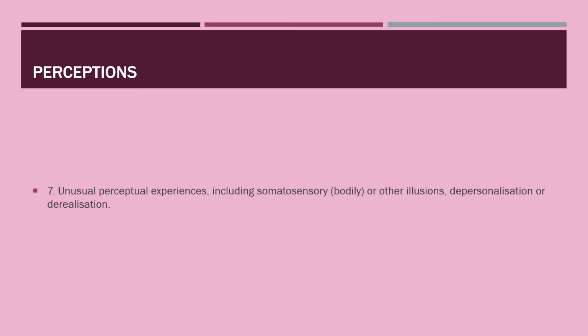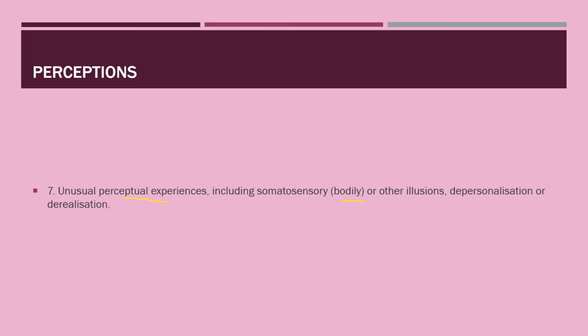Number 7. Perceptions. They have unusual perceptual experiences, including somatosensory, bodily. They feel something on the body when nothing is there. They feel or they see the pain or other things, and it is just their experiences.